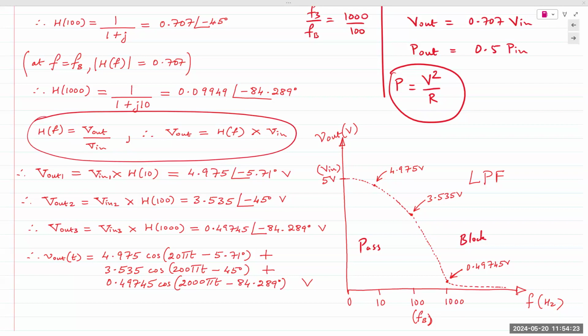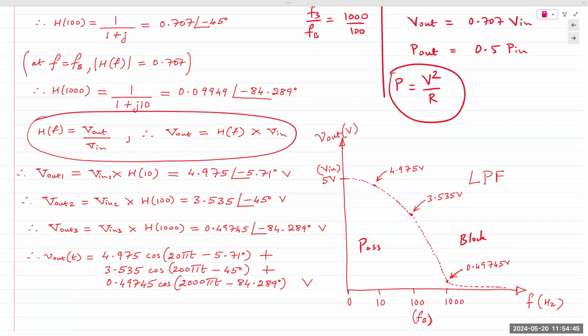Any questions? Does the approach make sense? Transfer function, individual transfer functions at specific frequencies, and then multiply it with the input, because it's displaying how the circuit affects each component at its specific frequency.